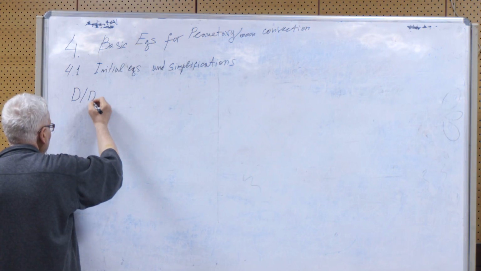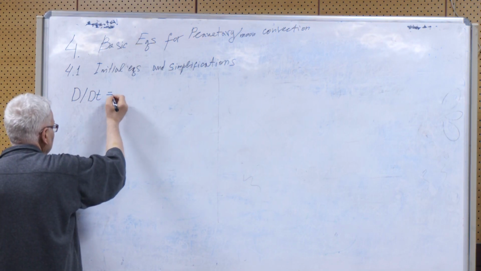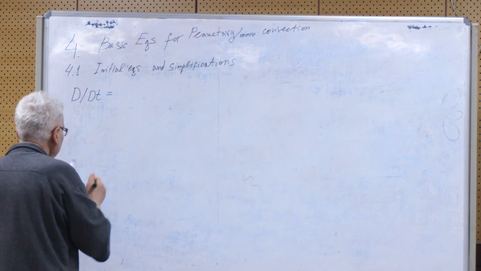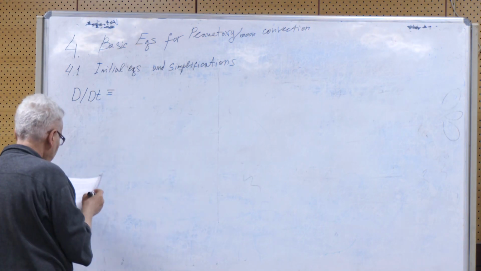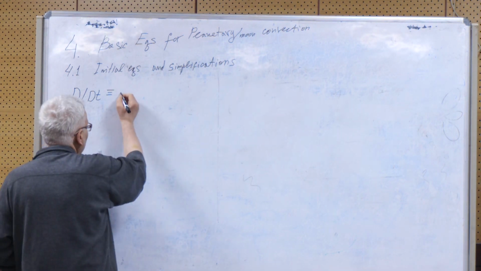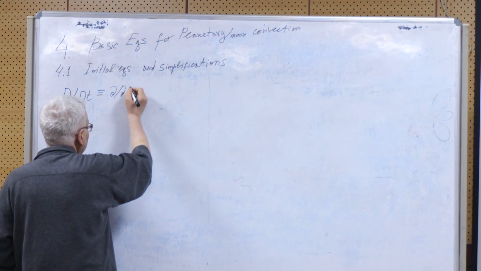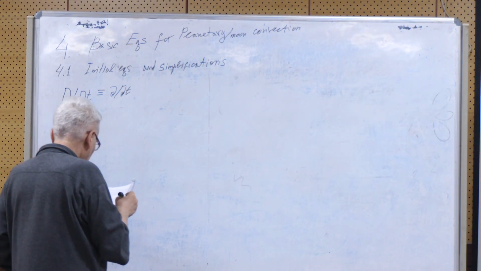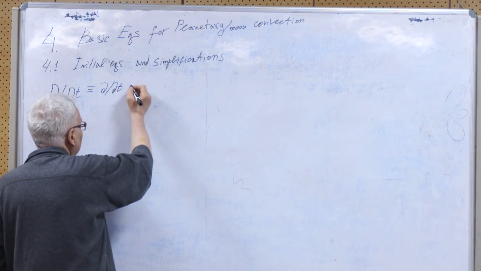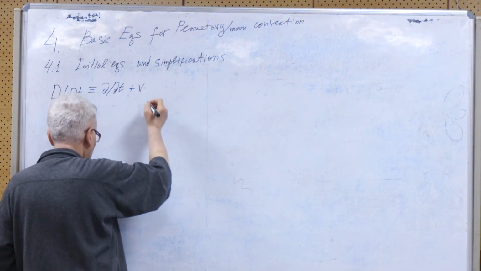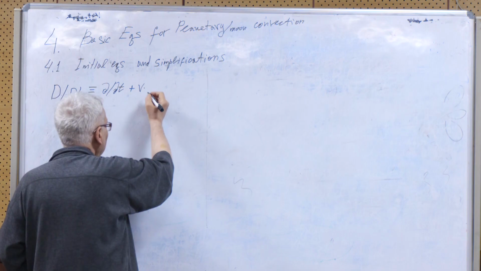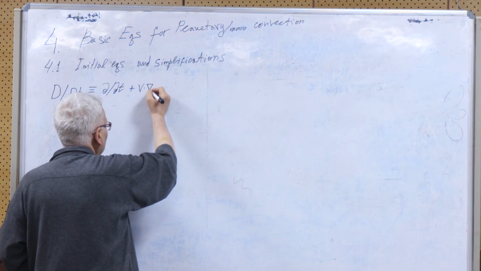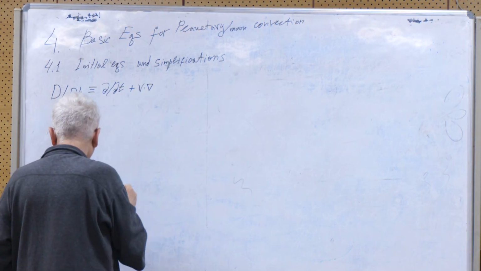The full derivative, capital D over dt, is by definition, perhaps you know it, I just repeat, d by dt plus v dot grad.